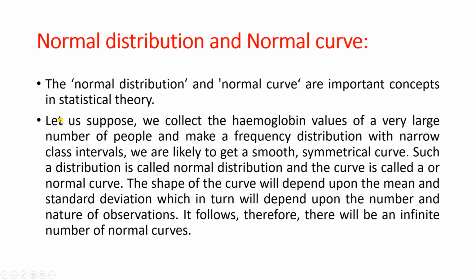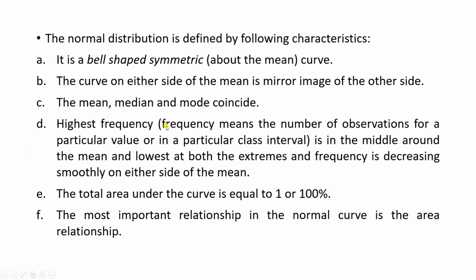So from this particular slide, the two things you have to understand are: if a data set follows very narrow class intervals, and the data have been collected from a large number of people, the distribution will probably follow a smooth symmetrical bell shaped curve, which is known as normal curve, and this distribution is known as normal distribution. Again I am saying this may or may not happen, but the chances are very high if we follow these two criteria.